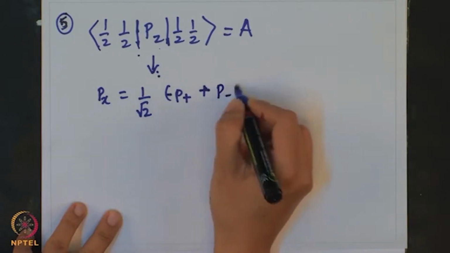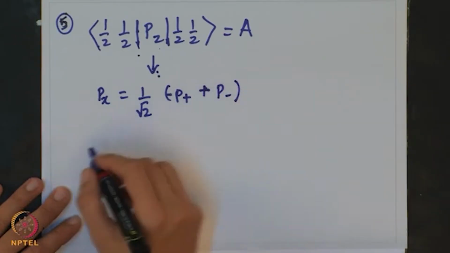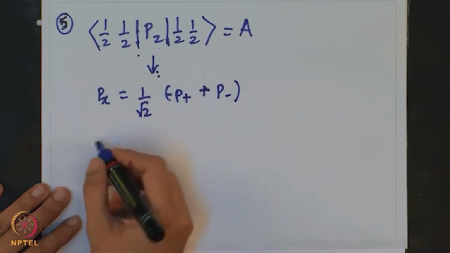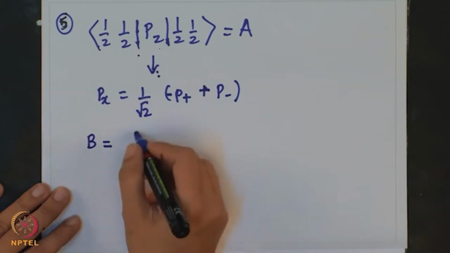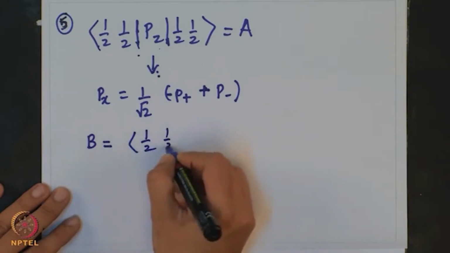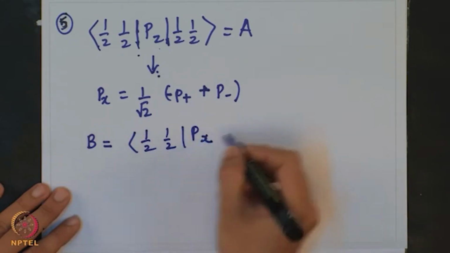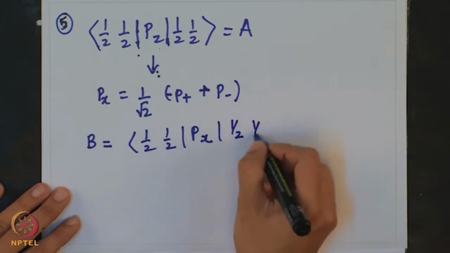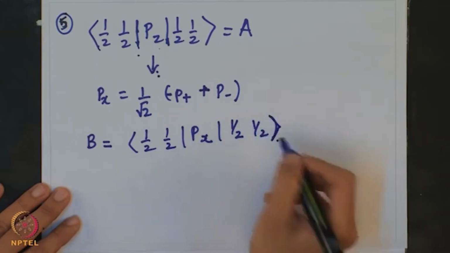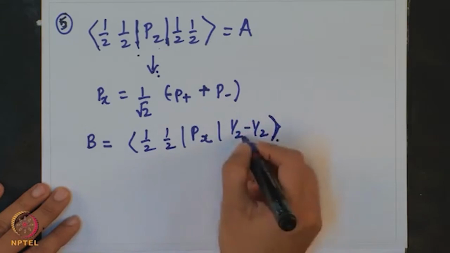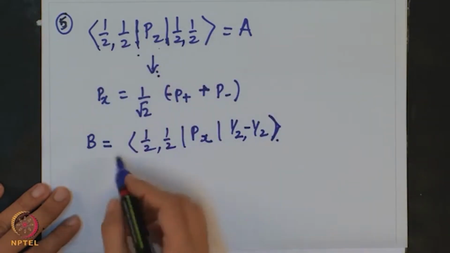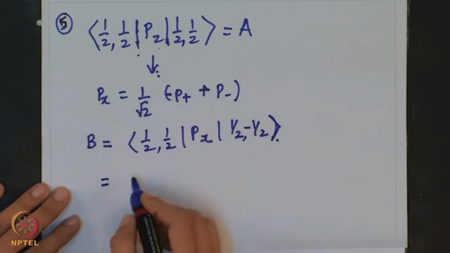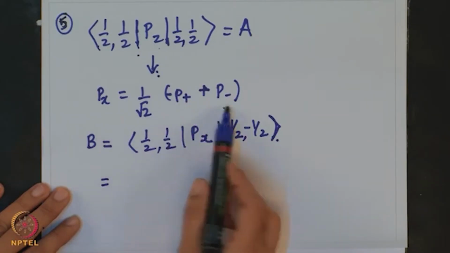Let me call b as <1/2|px|-1/2>, which is what is asked, and I can write this in terms of p plus and p minus.